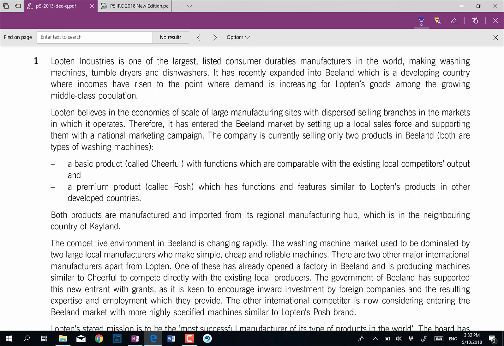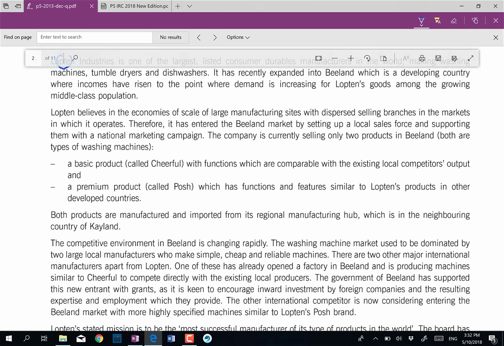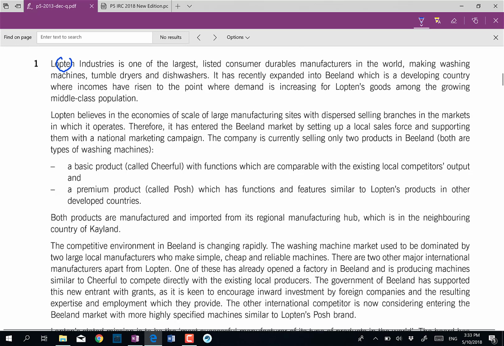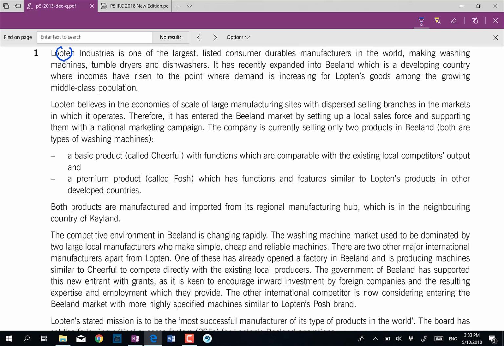Our company is Lopten, a manufacturer of washing machines. Our product is manufactured and imported from a regional manufacturing hub, the neighboring country of Kayland. So we manufacture in Kayland and we export this to Beeland.